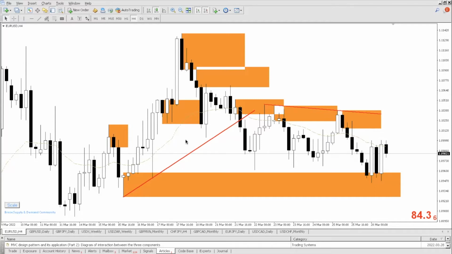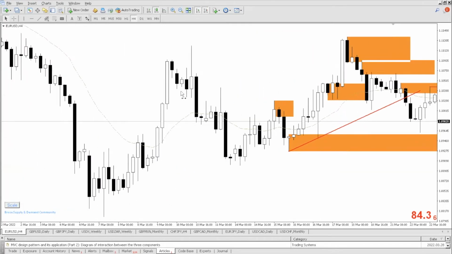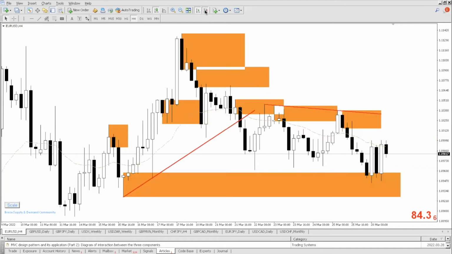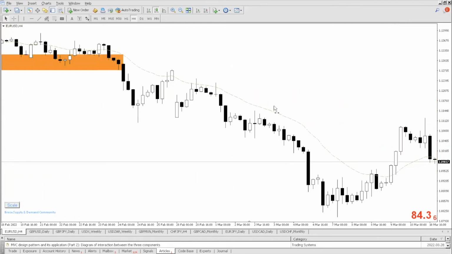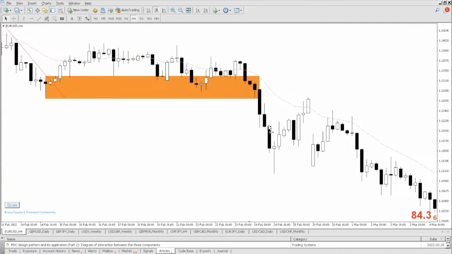All right. So now the other thing that we have to look for here is to see if price will create another mountain, or another peak. Okay, so let's go on to the other one further so that we can practice this concept again. Okay.